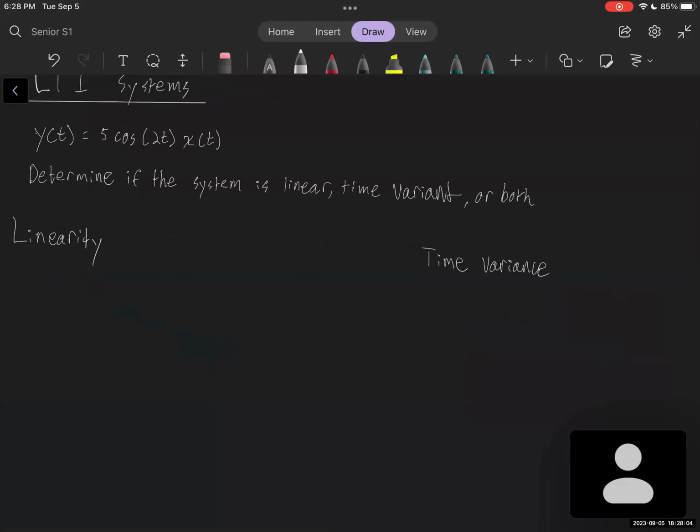First we're going to tackle linearity. We're going to define two input functions, x1 of t and x2 of t. We're going to pass them through our system, and we're going to get two output functions, y1 of t and y2 of t.